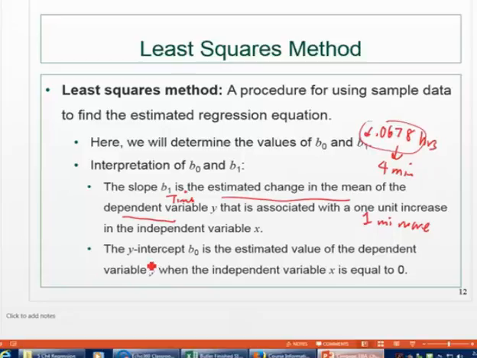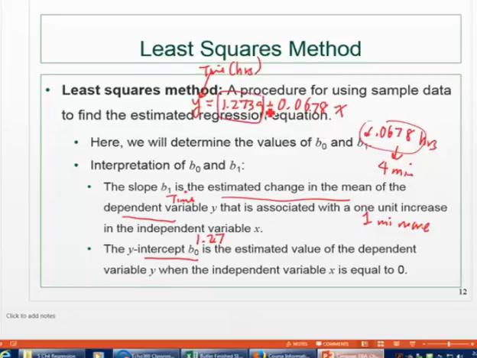And what about the y-intercept? This was about 1.27, right? And by the way, what is the unit here? 1.27 what? What was the unit for y? Time, right. So it was in hours. So this part must also be in hours.